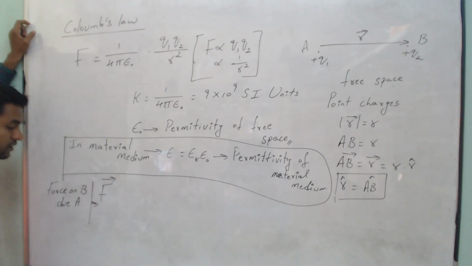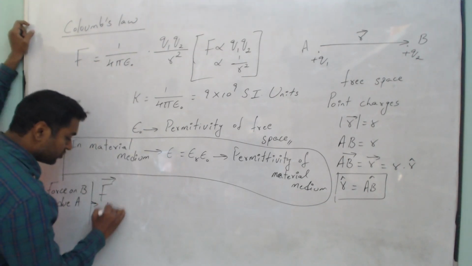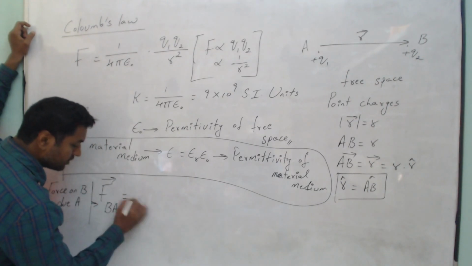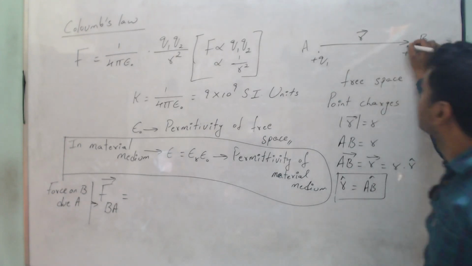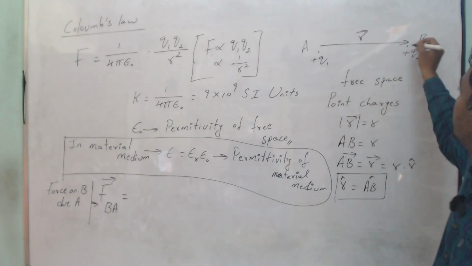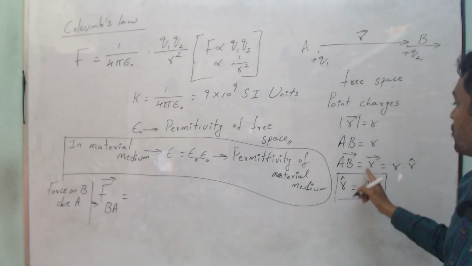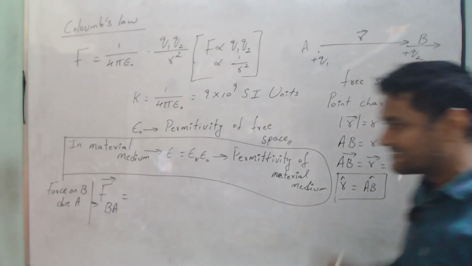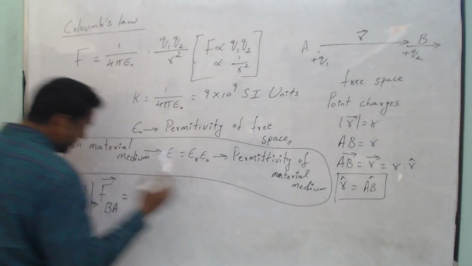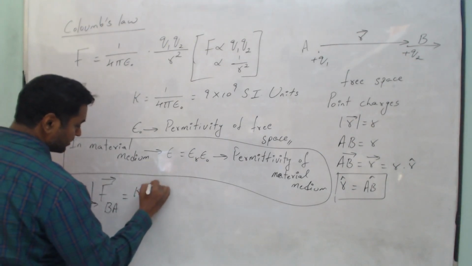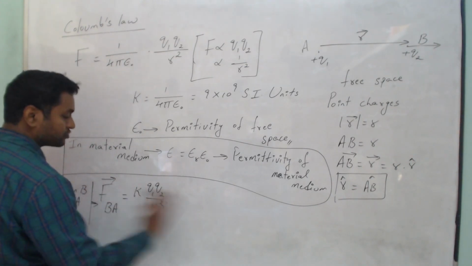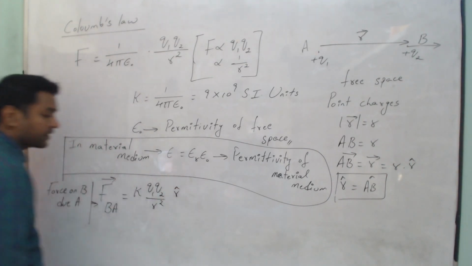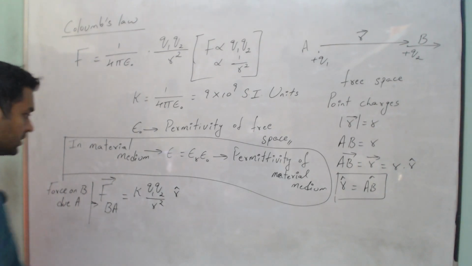Force on B due to A in vector form, in which direction will it apply the force? Because these two are like charges, right side. That means along R cap. So force on B due to A can be written as K, magnitude Q1 Q2 by R square, into R cap. Correct?